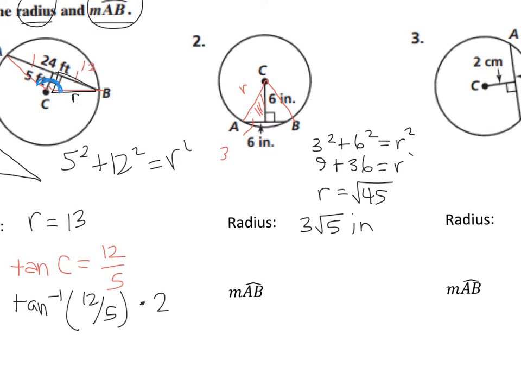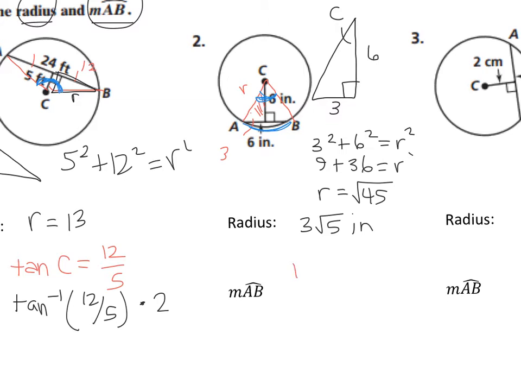So I want to find the measure of this arc, or the angle of this arc. So to find the angle of this arc, I'm going to draw this triangle, this right triangle. This is 6, this is 3. I'm trying to find this angle measure. I'll just call it C. So to find that angle measure, I'm going to use tangent again.